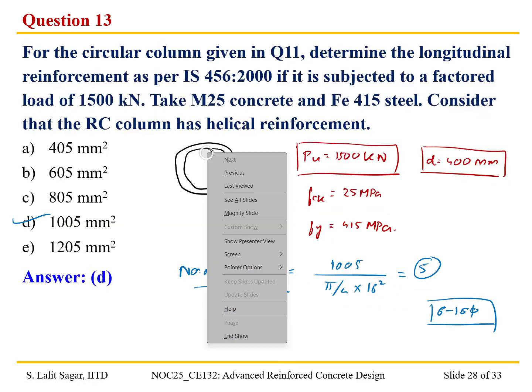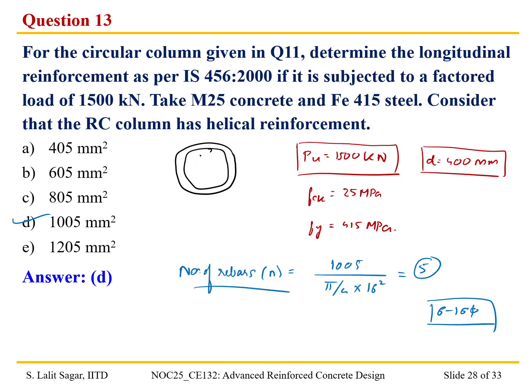We'll provide 6 rebars, six of 16 mm, and it is having a diameter of D equal to 400. And this is the spiral or the helical reinforcement which we need to design in the next part of this question.